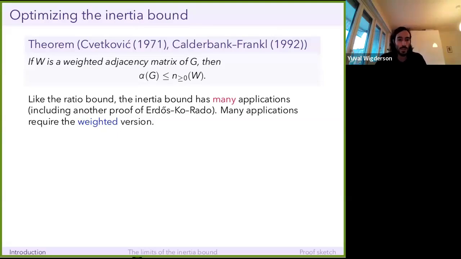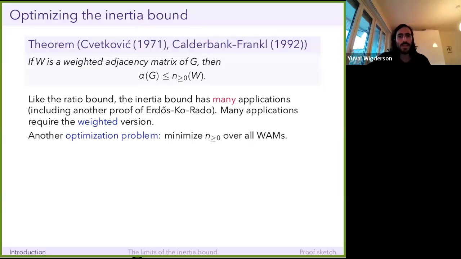So Erdős–Ko–Rado you can do with the unweighted version, but for many other applications, you would want to use the weighted version. And so we again end up with this new optimization problem, which is just, among all weighted adjacency matrices, to minimize this quantity, the number of non-negative eigenvalues.